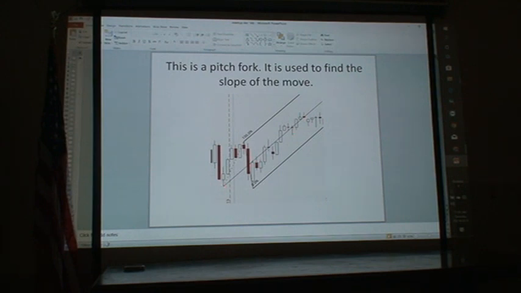The middle line, also known as the median line, is designed to give you a pretty good idea of what kind of slope you're going to have. This can be helpful to me in terms of seeing when I'm going to have a consolidation period. Is it going to be real nasty, or is it going to be a nice sloping market?